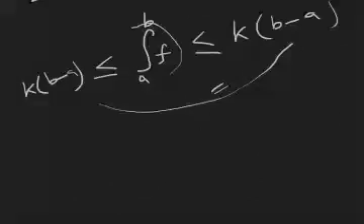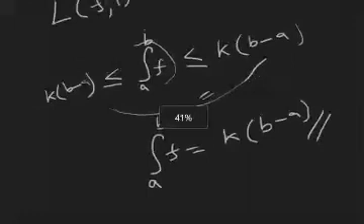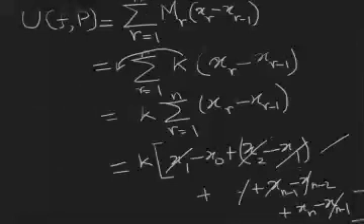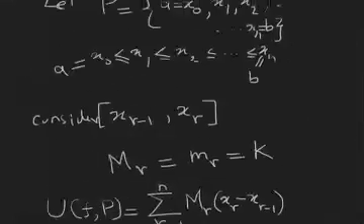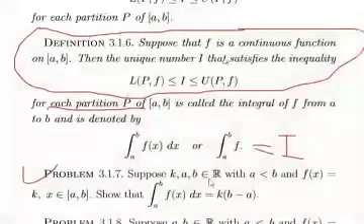That integral of f over the interval ab should be equal to k times b minus a. So this is the proof using the definition of integral.